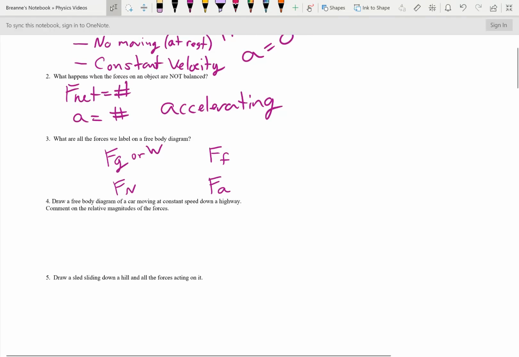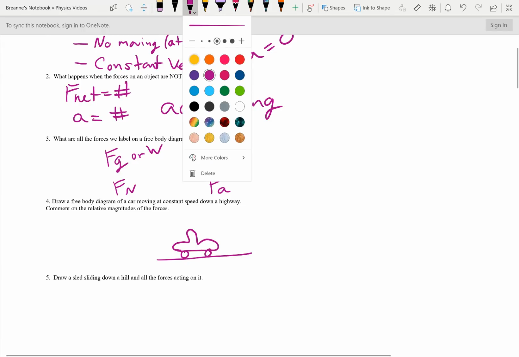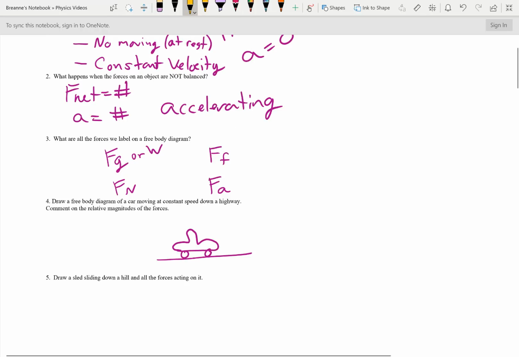It says draw a free body diagram of a car moving at constant speed down a highway. So we have our little car here. My little Subaru, as my students call it. So what forces are acting on this vehicle? Well, we have force of gravity.